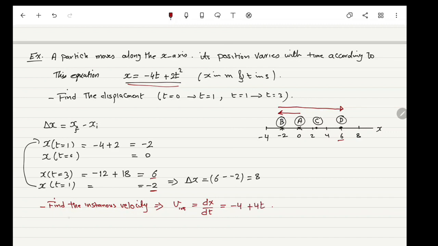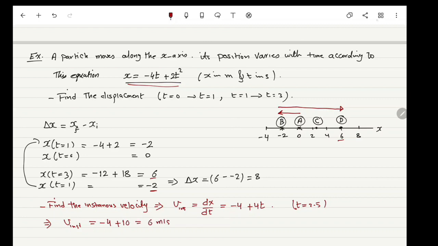Now if we want to calculate the instantaneous velocity when t equals 2.5 seconds, in this case v instantaneous equals, you just substitute t in this one here, it's minus 4 plus 10, which equals 6 meters per second.